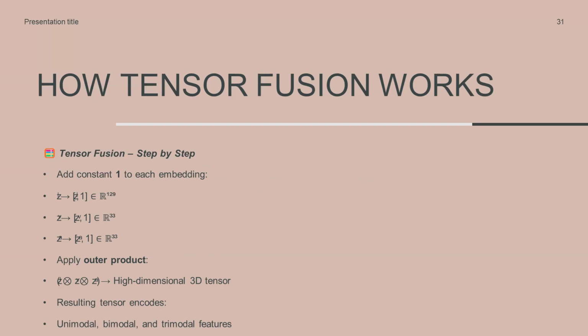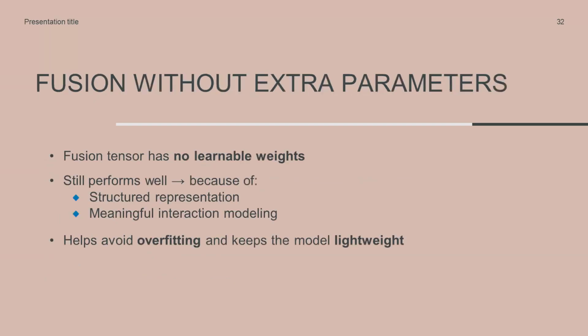So rather than collapsing everything into a single fused vector too early, this approach retains the structure of multimodal interaction. Fusion without extra parameters: unlike typical neural layers that require weight matrices and training, the fusion tensor is constructed using fixed outer products. So the structure of the interaction is learned purely from the input representations.